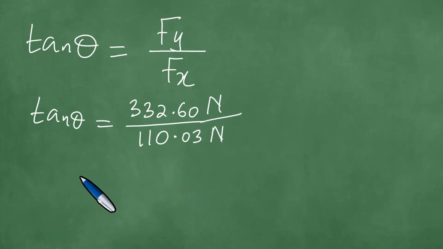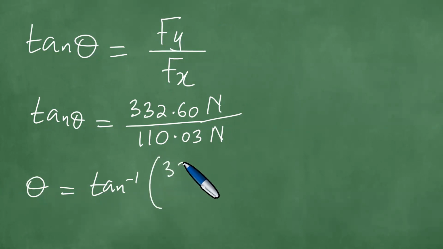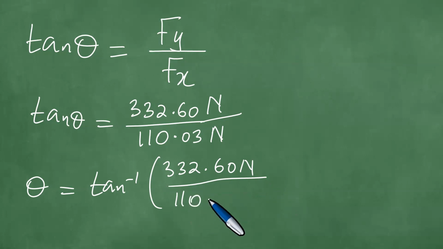Hence, we're able to see, therefore, that theta is arctan of 332.60 newtons divided by 110.03 newtons. Okay, use a calculator.